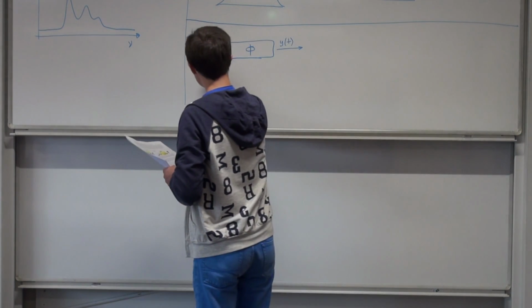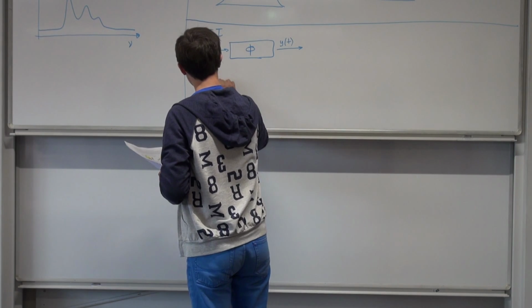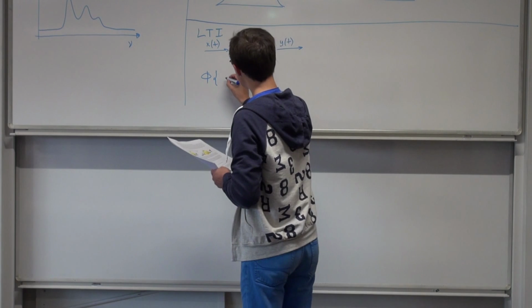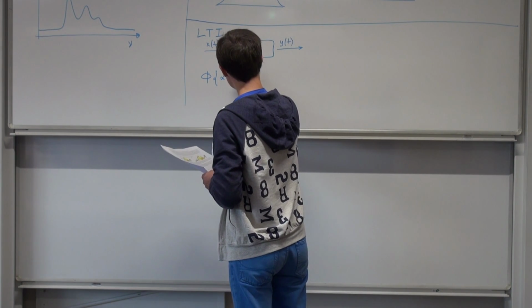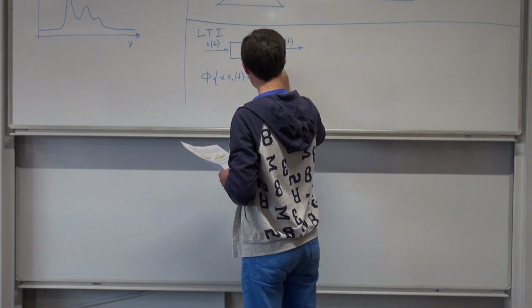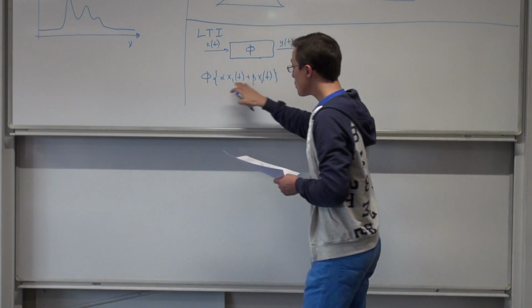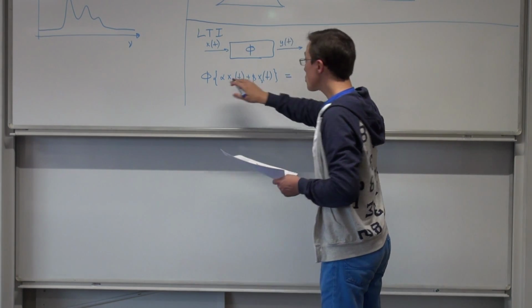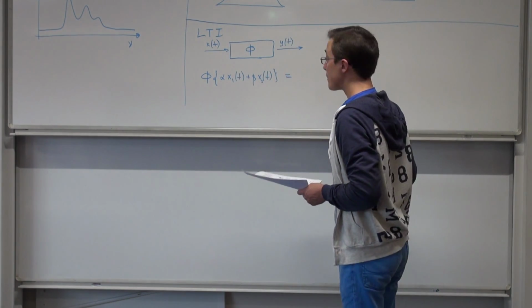That is, if we take our system and we feed into it a linear combination of the signals, so alpha x1 of t plus beta x2 of t, so two signals weighted with some coefficients, the system should be linear with respect to those sums and coefficients.